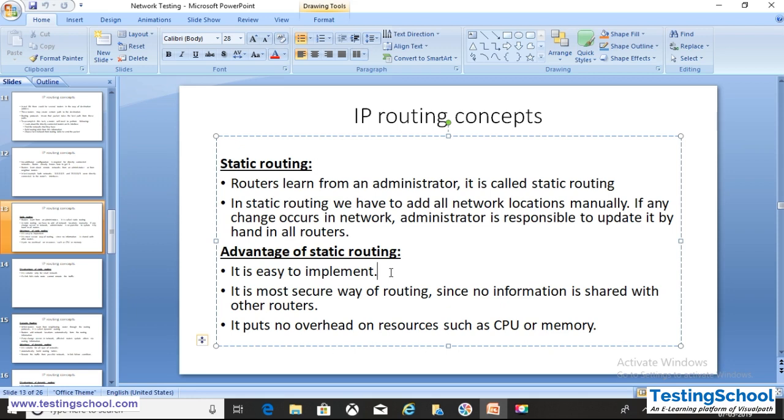I'll show a practical demo also for these things. But now we can just think in this way. Static routing is something which is manual. A person will be there under whom some routers will come, and all the routing information he has to feed into the router, and whatever he has fed into the router will work according to that.